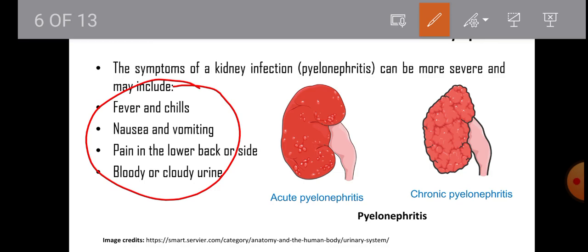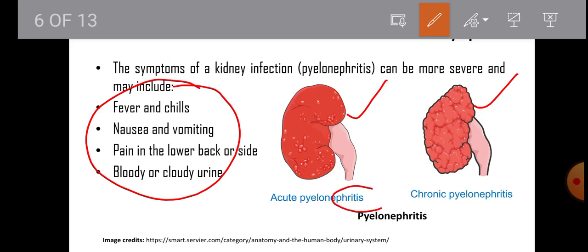One is acute pyelonephritis, another one is chronic pyelonephritis. Chronic in the sense of a longer duration, or the infection is prolonged for more time, more months or more years, right?